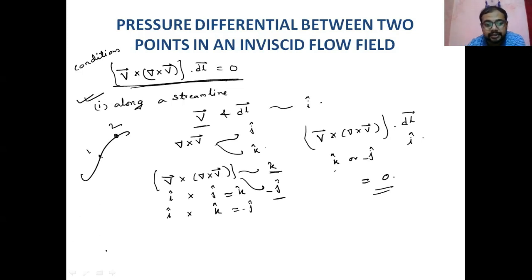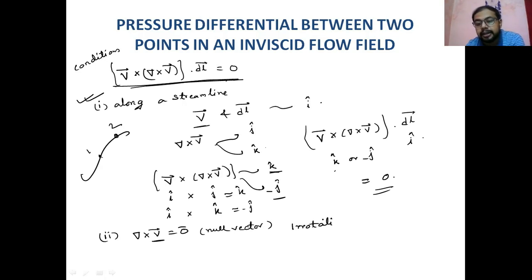What would be the second condition? The second condition is the curl of velocity vector itself is 0, a null vector. So curl of velocity vector itself 0 means irrotational flow. We have already discussed this in the previous chapter. So the two conditions: either it may be along the streamline, or it may be irrotational flow. Both cases.